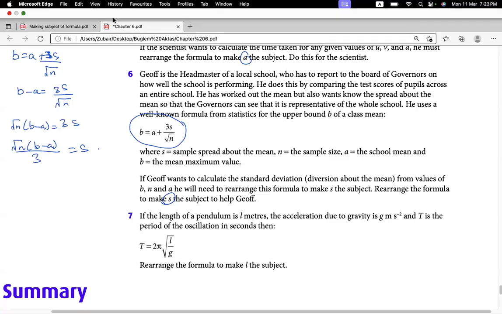From when I'm rearranging, I have N and then in brackets A squared minus B squared, close brackets, and then over 3 equals S squared. But afterwards, would I make it 3S underneath it? When you already have that square, we have to make S only.